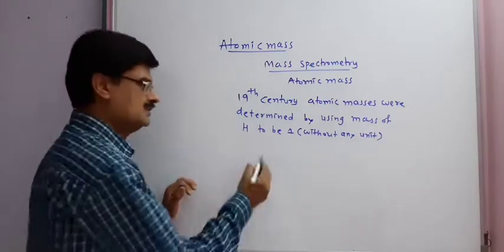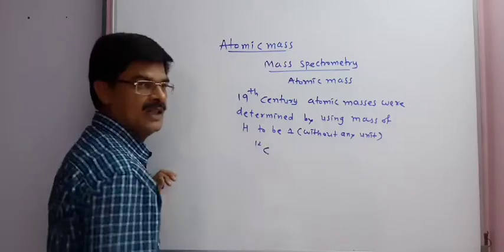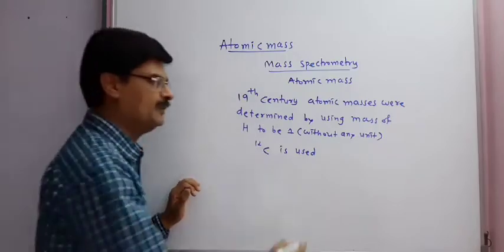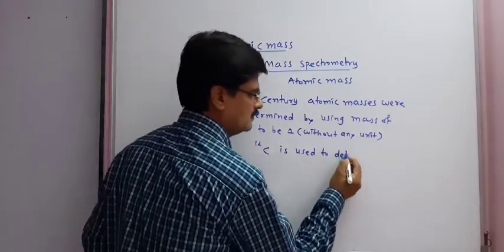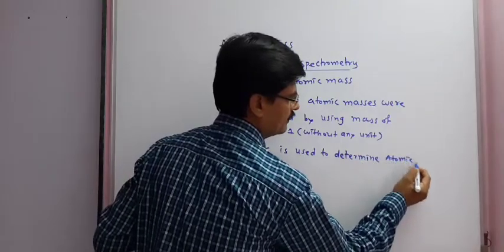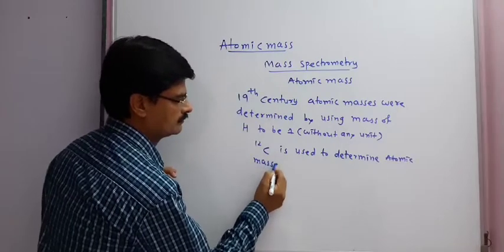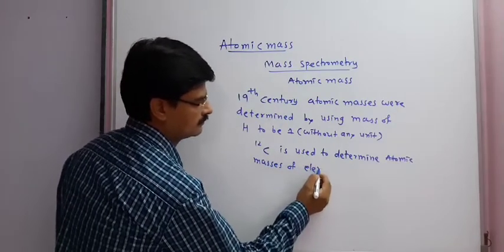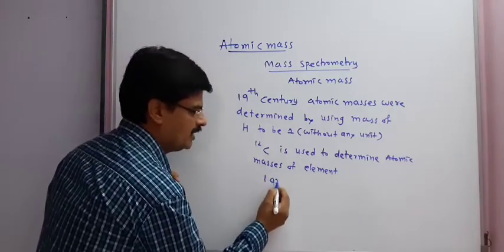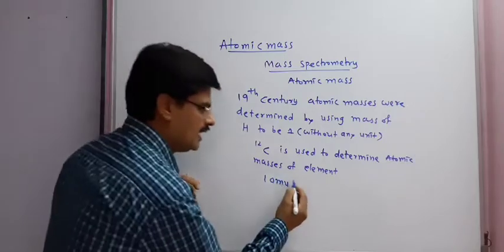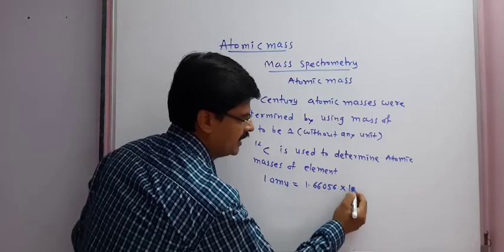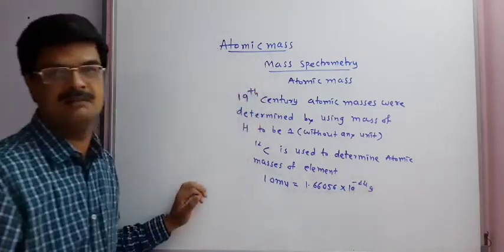But nowadays, the isotope of carbon, C12, is used to determine the atomic masses of elements. Also, it is taken as 1 atomic mass unit, and 1 atomic mass unit is equal to 1.66056 × 10^-24 gram.